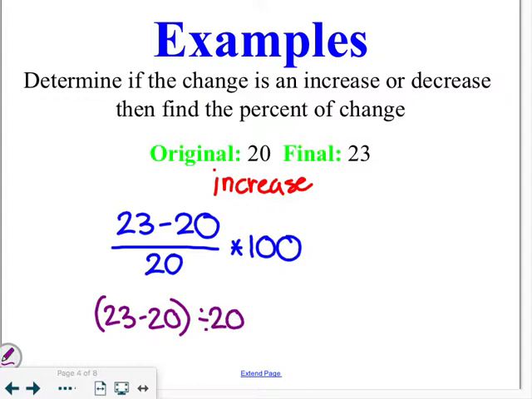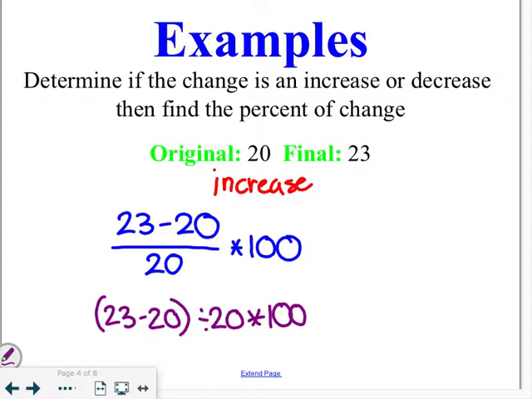So you need to make sure if you're plugging this into the calculator as one entire equation, you are putting parentheses around the numerator part. So we got 23 minus 20 in parentheses divided by 20 times 100.